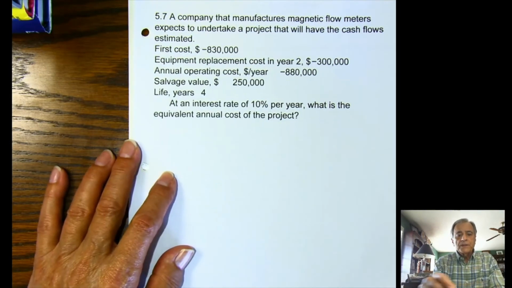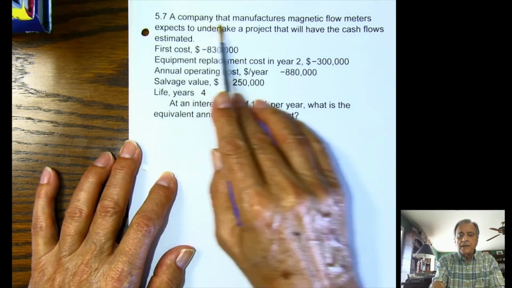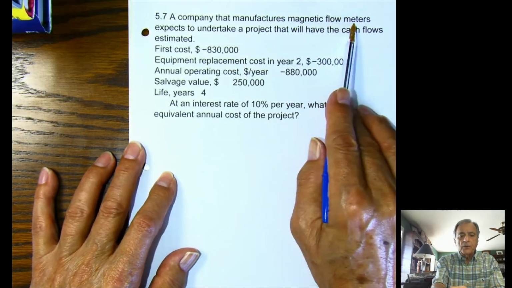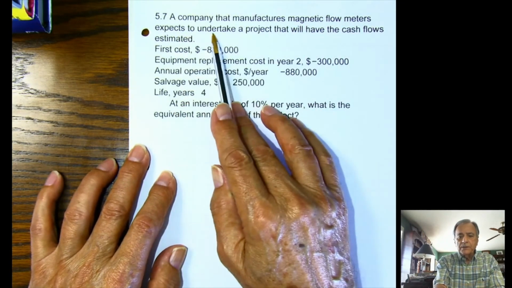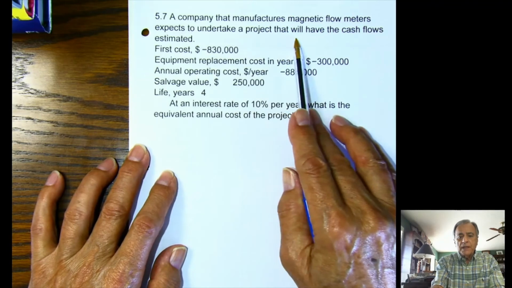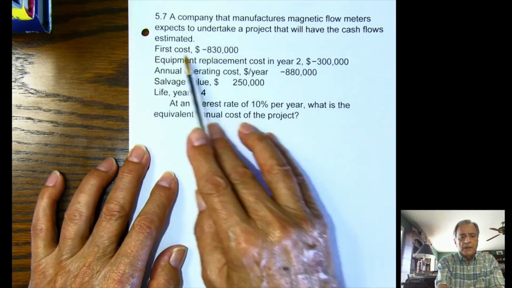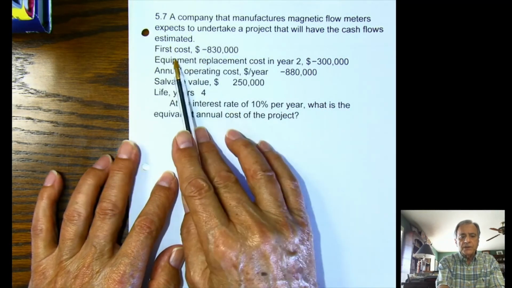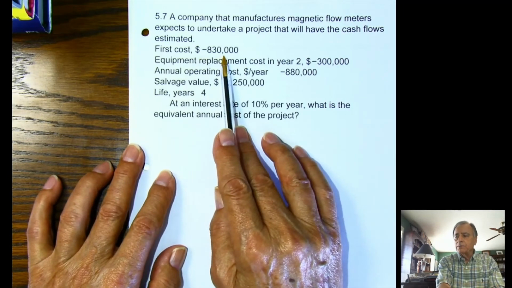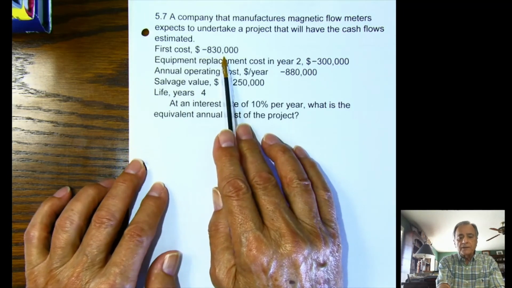Problem 5.7 says a company that manufactures magnetic flow meters expects to undertake a project that will have the cash flow estimated below. The first cost is minus $830,000.